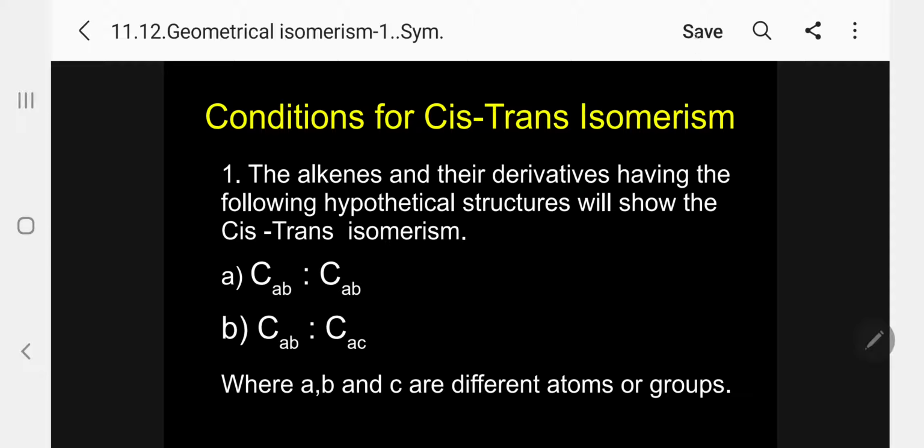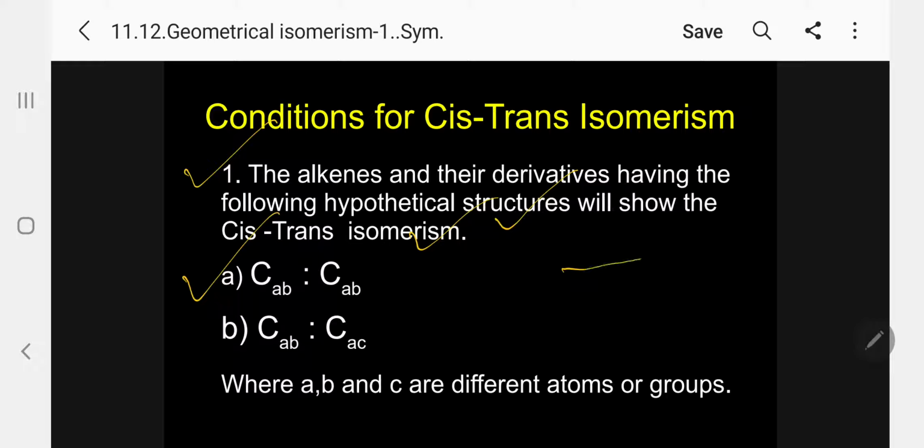The same way here. So I am giving the condition for cis-trans isomerism. What is the condition? Number 1. The alkenes and their derivatives having the following hypothetical structure, hypothetical, imaginary, will show the cis-trans isomerism. What is that? CAB double dot CAB.